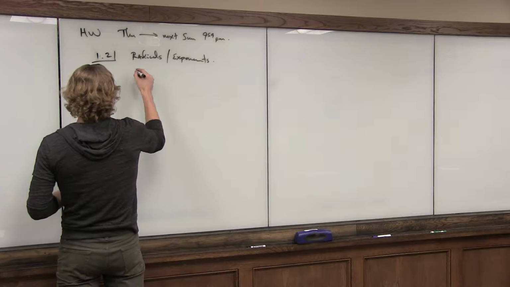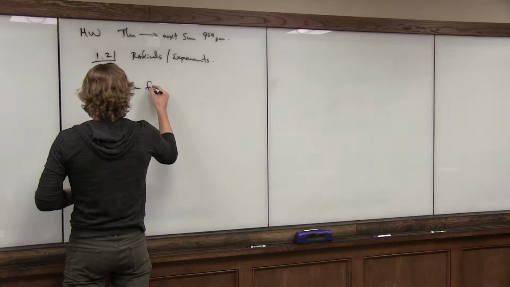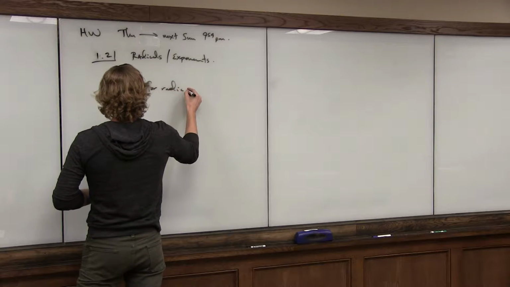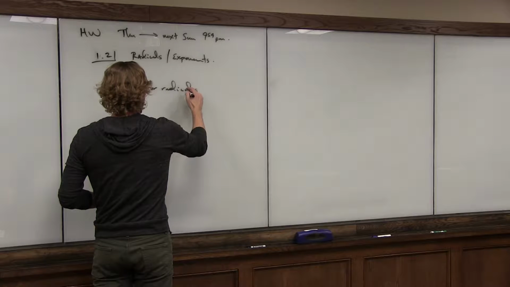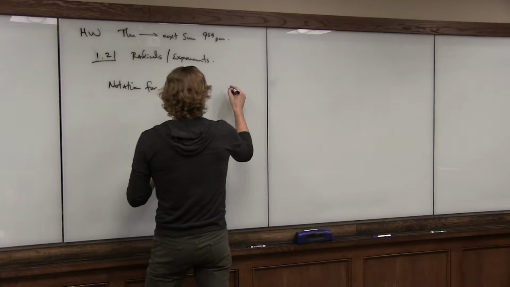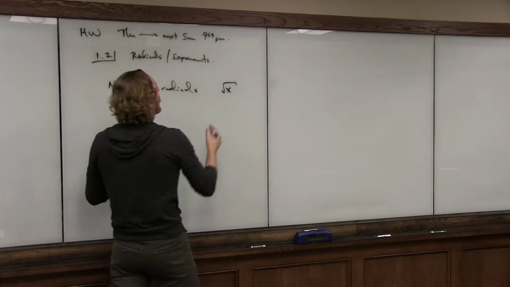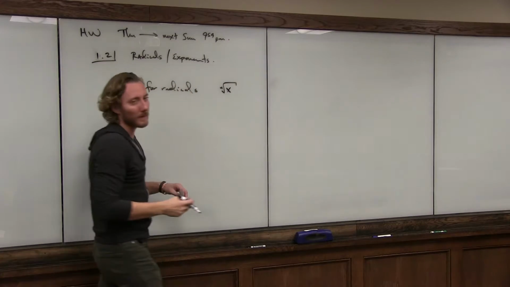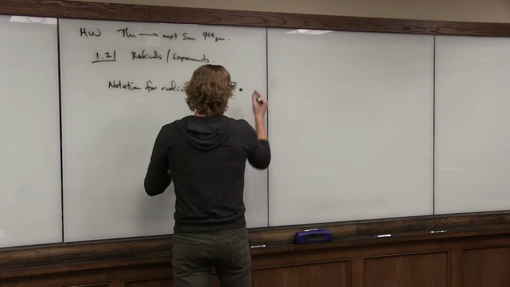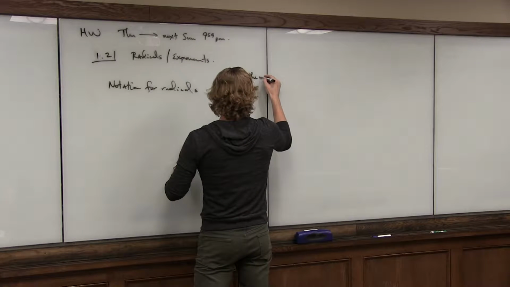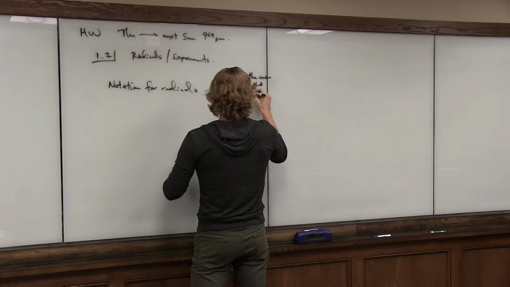First, let's just give notation for radicals. You're going to see a number inside a symbol such as this with another tiny number on the outside. What does this mean?